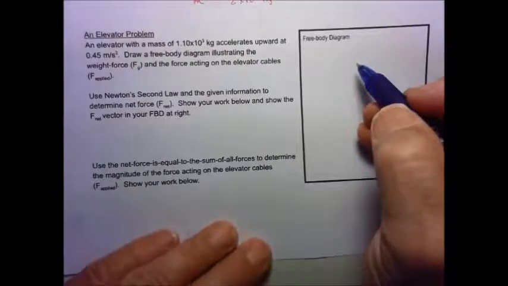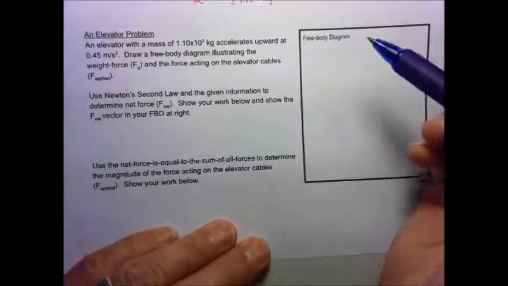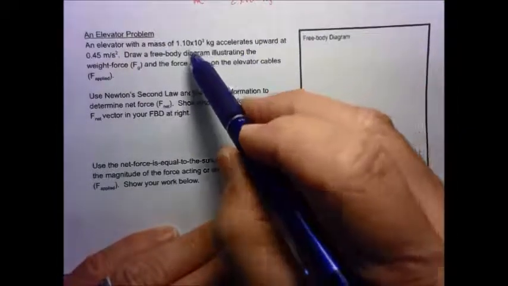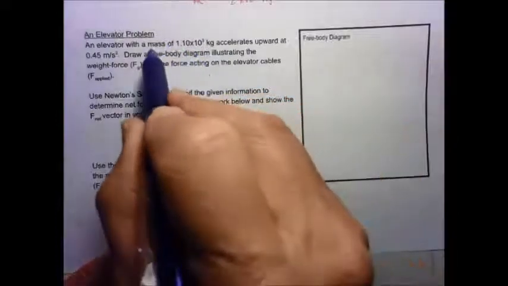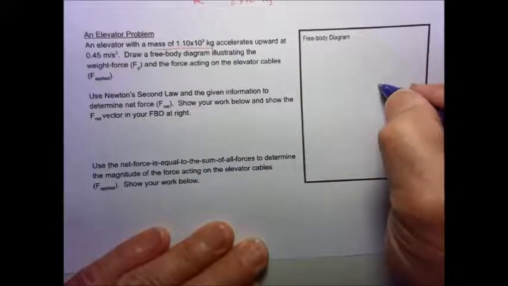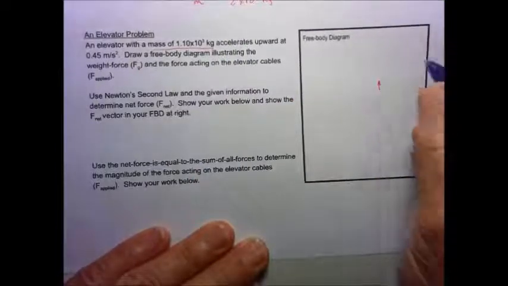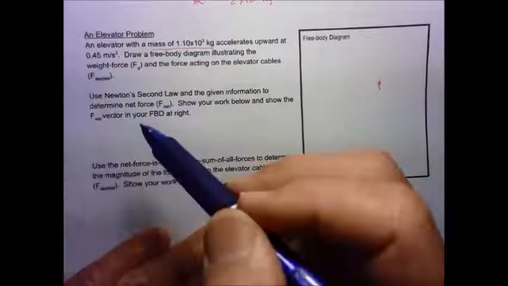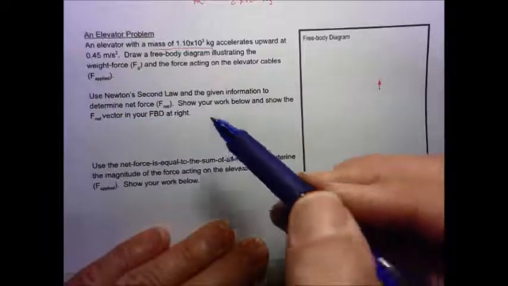Our second problem is a more traditional elevator type problem, and we are given the mass of the elevator and that it accelerates upward at 0.45 meters per second squared.